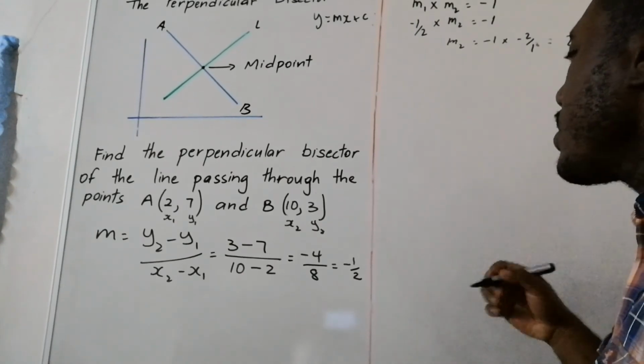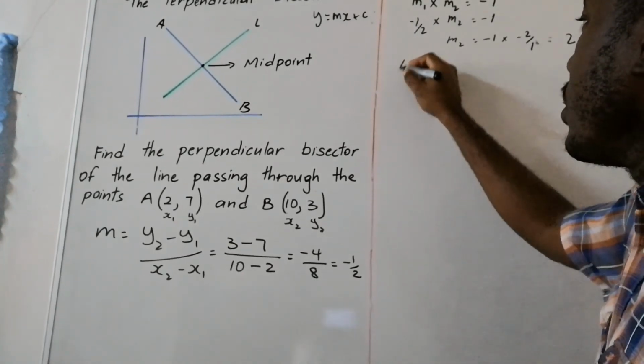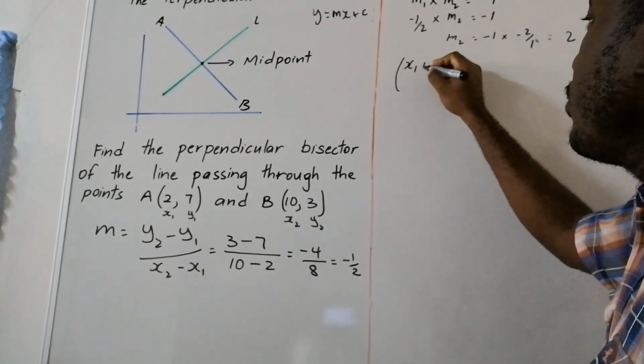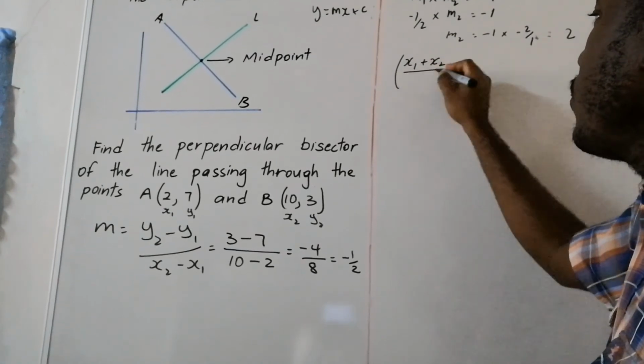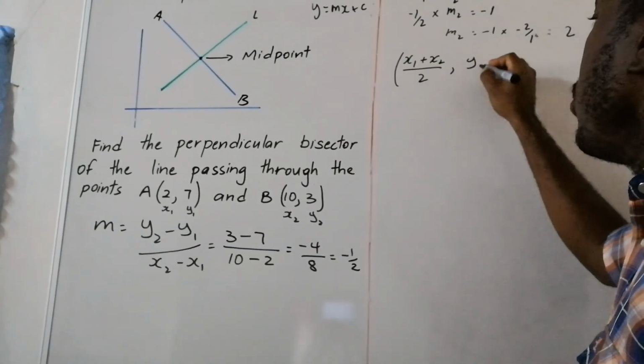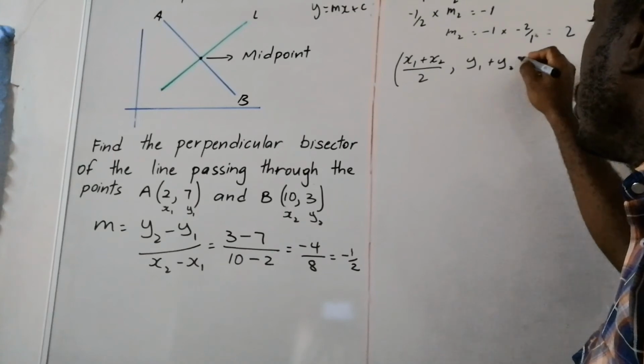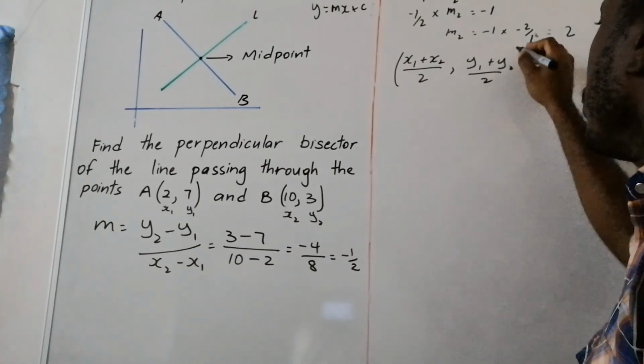Reminding ourselves how we find the midpoint: x1 plus x2 over 2 and y1 plus y2 over 2.